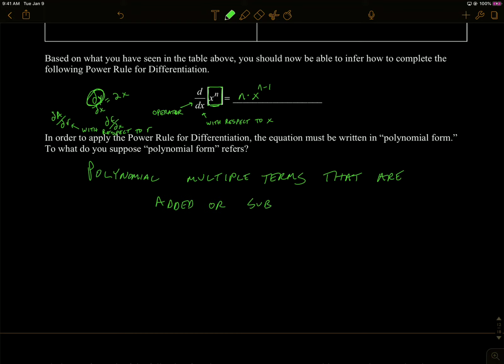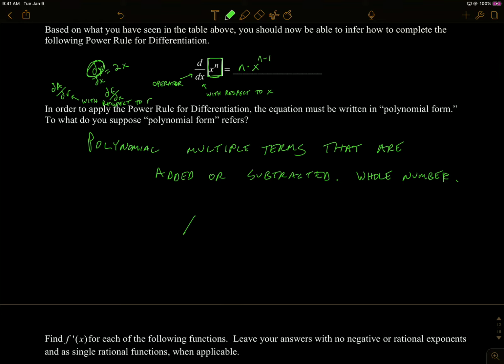Each term has the power of x, which would have to be a whole number. So while we say polynomial type, this technically is not a polynomial, even though it looks like one, because of this power. But we can still find the derivative of it.